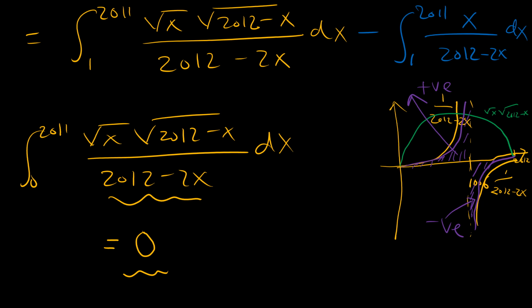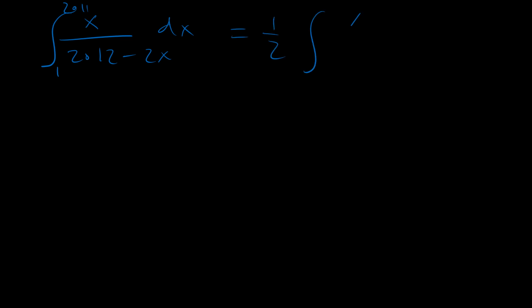Now we need to look at the blue integral. The blue integral is x over 2012 minus 2x from 1 to 2011. This is the same as half the integral of x over 1006 minus x dx.